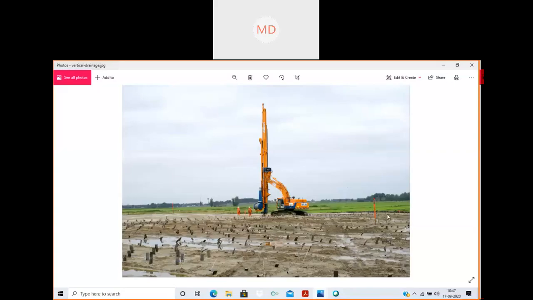For the required time it will be kept like this, and then after the required consolidation is achieved, we can start our construction work in the site. So I hope it is clear to all.